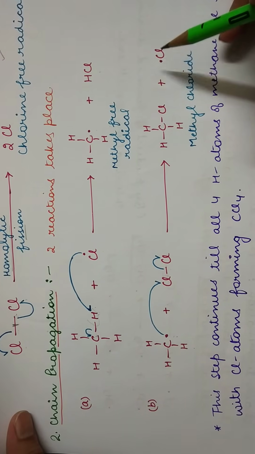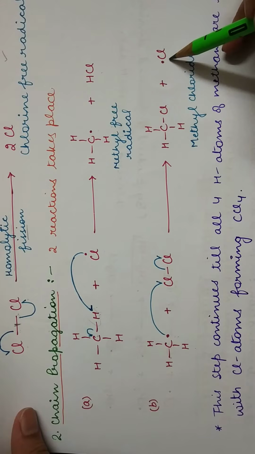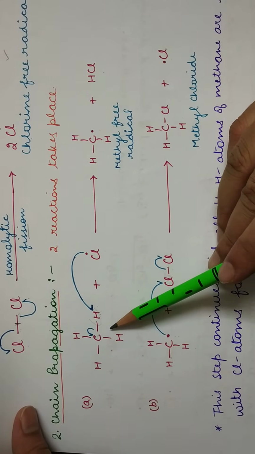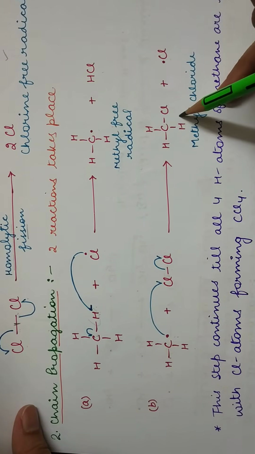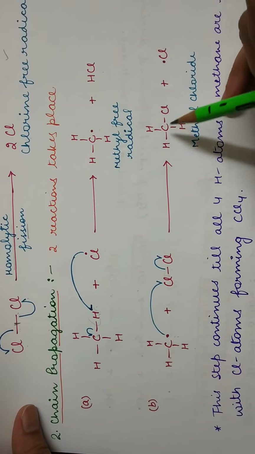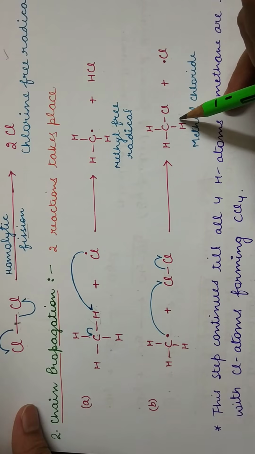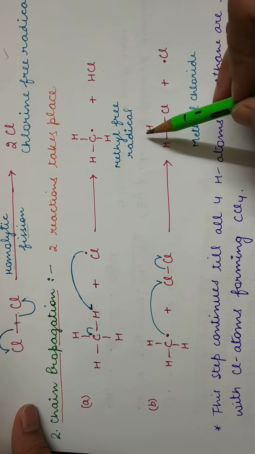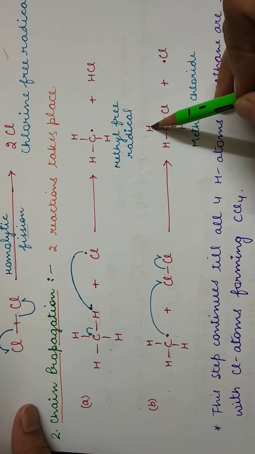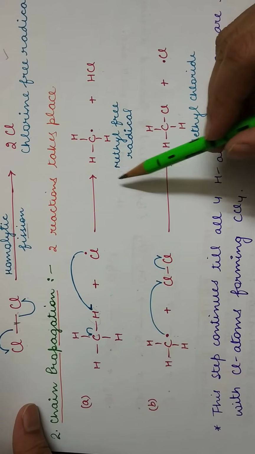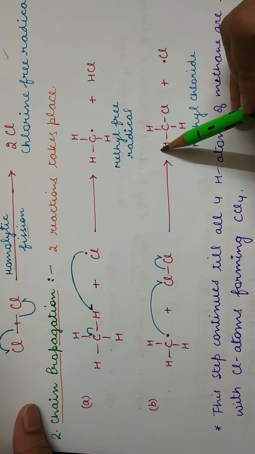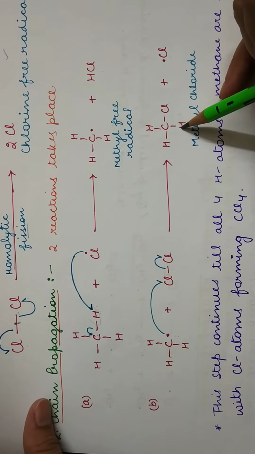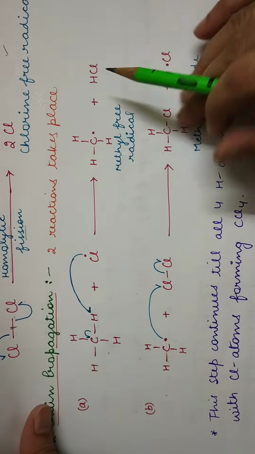This chlorine free radical will further attack all the methane molecules in the reaction mixture, forming methyl chlorides. When a sufficient amount of methyl chlorides has formed, this chlorine free radical will start attacking the other hydrogen atoms, and these two steps will keep continuing until all these hydrogen atoms are replaced by chlorine atoms.